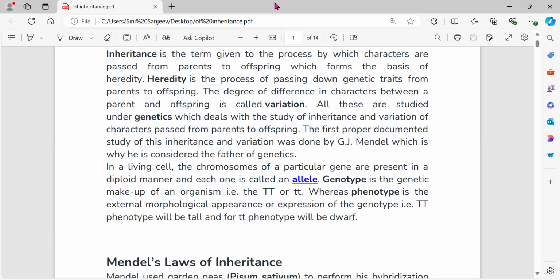So how do you make out whether it's a physical characteristic change or an internal change? There are two basic terms used here: one is the genotype and the other is the phenotype.